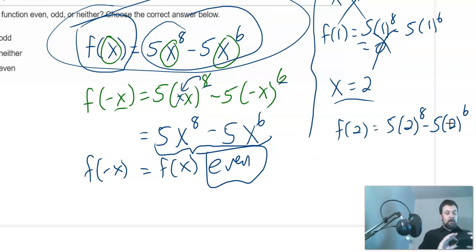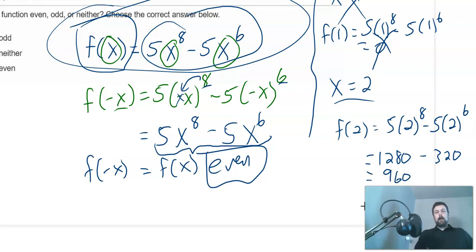All right, so I'm going to get 1,280 from that, minus we'll have 2 to the 6th power, which is 64, times 5, which is going to be 320. So now I'll subtract those, and I will get 960. If I did that right. Okay. So we get 960 from f of 2.